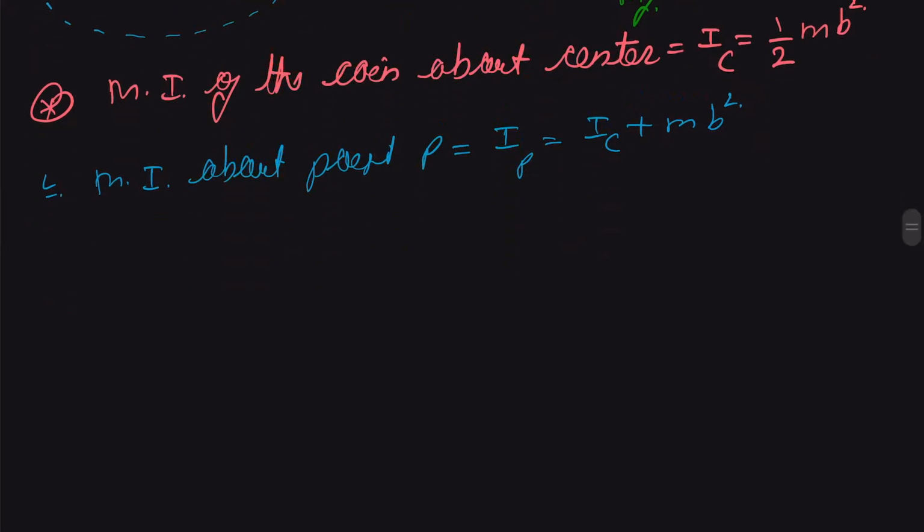Okay. And we get this IP will be equal to half mb square plus mb square, giving us 3/2 mb square. So this is our moment of inertia about point P.